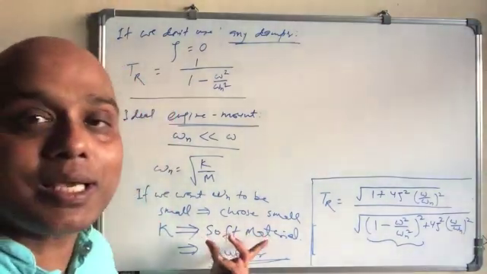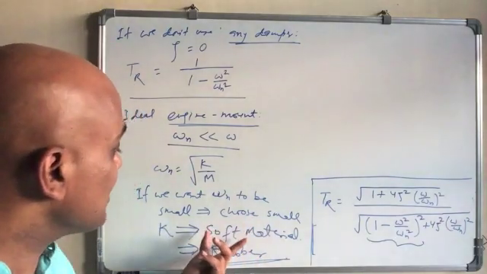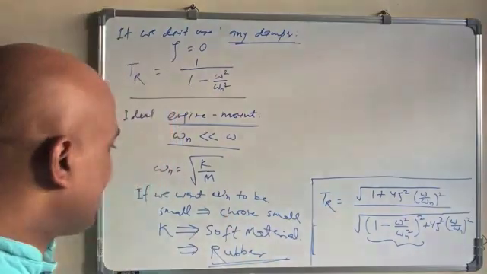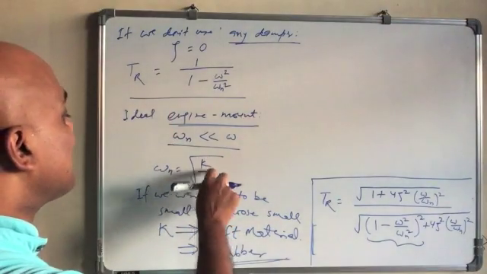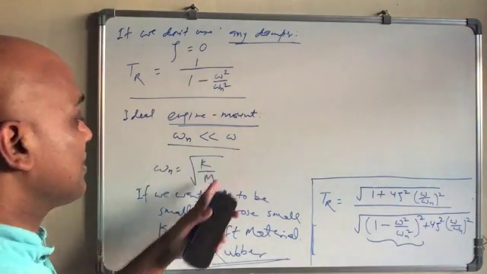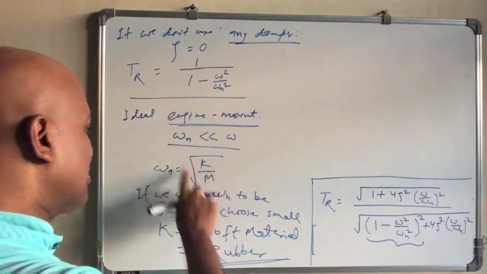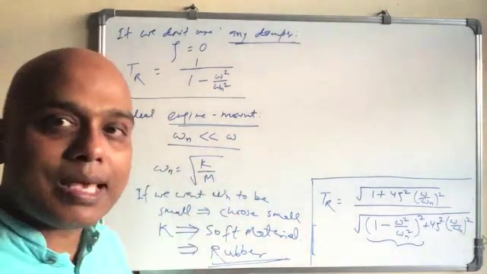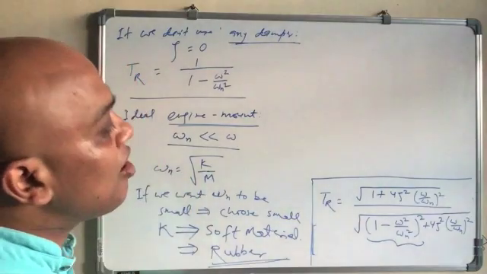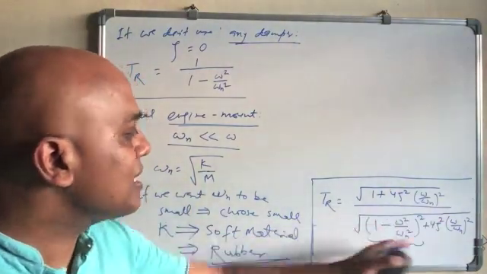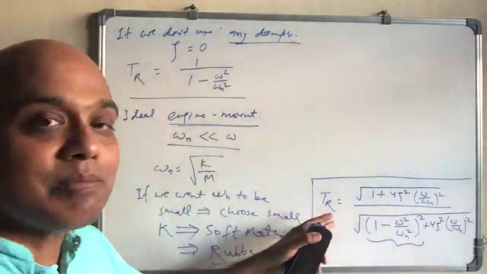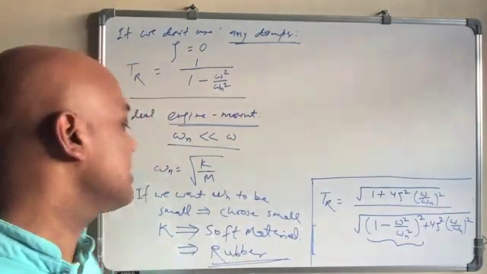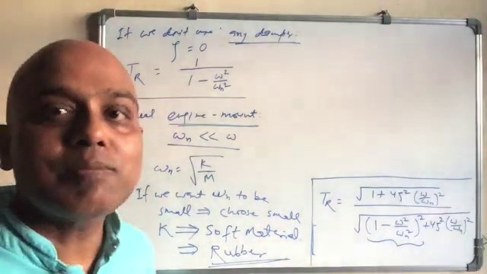Plus it is a soft material, and because of softness it results in less stiffness k, and root of k divided by m is omega n, which also is small. Since this is small, if you put this here, what you get is low transmissibility, and hence you have this material in use.